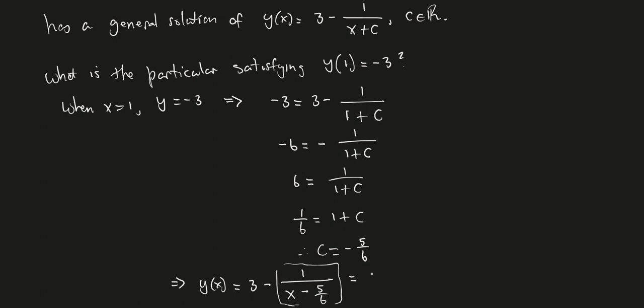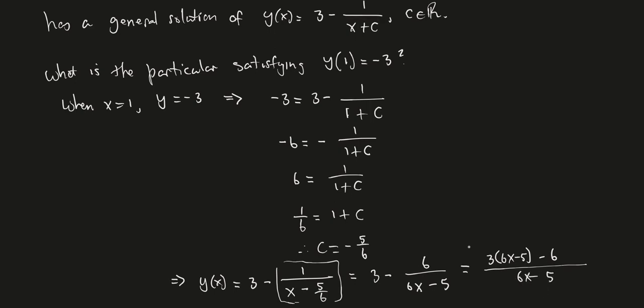So what will we end up with? 3 minus, then I'll have 6 over (6x minus 5), right? And then if I wanted to get the common denominator, it will be 3 times the quantity (6x minus 5) minus 6, over 6x minus 5.